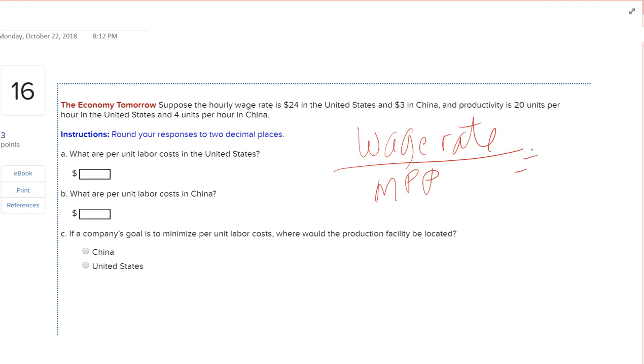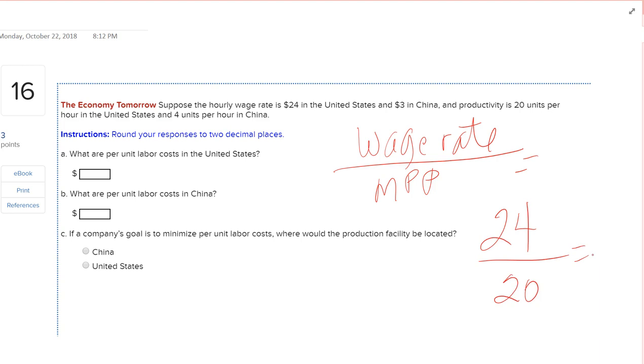So for the United States, you'll just set this up. It's pretty basic here. In the United States, the wage rate is $24 an hour. And they are able to produce 20 units per hour. That's the marginal physical product for each additional worker. And so the 20 units per hour, and you get a per unit labor costs.